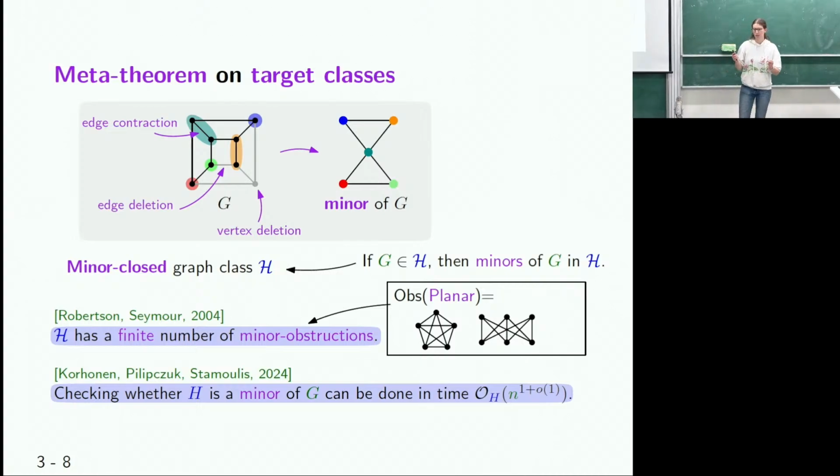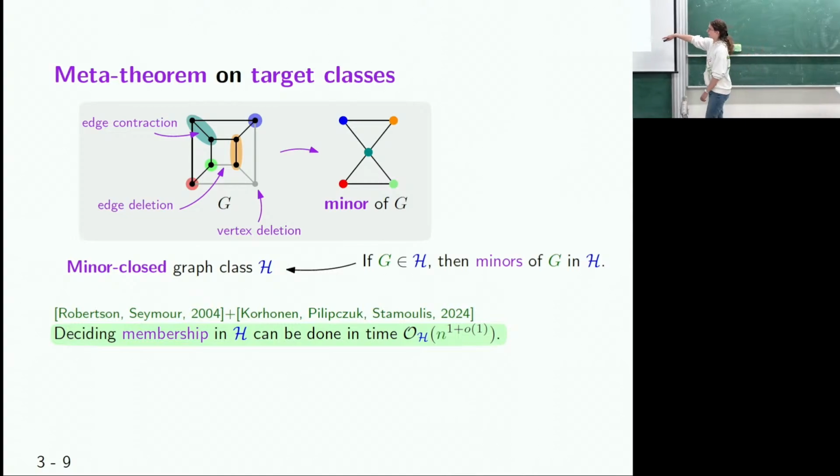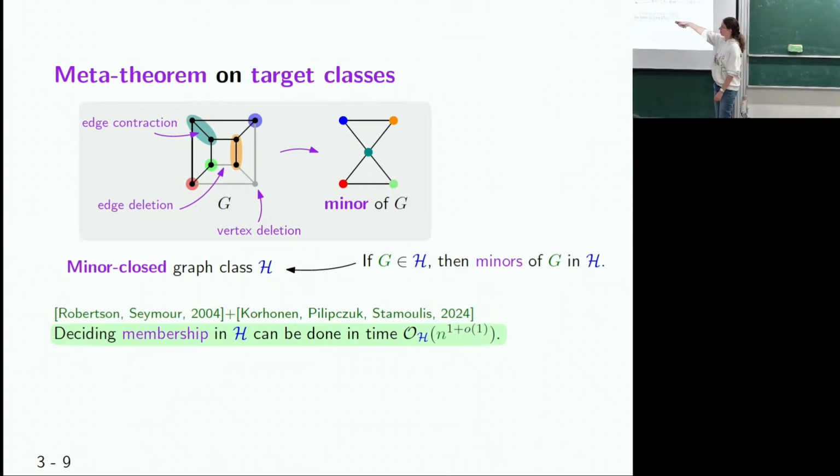So why? Because you can just, for each obstruction of your graph class, check whether it's a minor of your input graph. If yes, then you say no, it doesn't belong to the graph class, otherwise it does. So that's why we can check whether we belong to a minor-closed graph class in this running time.